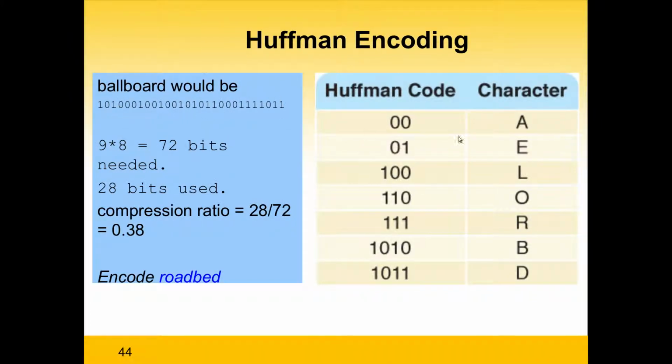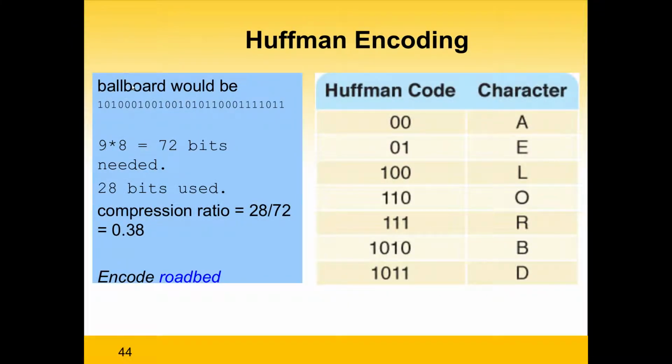Basically you take the B, where's the B? Here's the B, it's a 1010, you put the 1010, then the A, here's the A, a 00, put the 00, etc., etc. So you come up with a total of 28 bits to represent the word ball board.